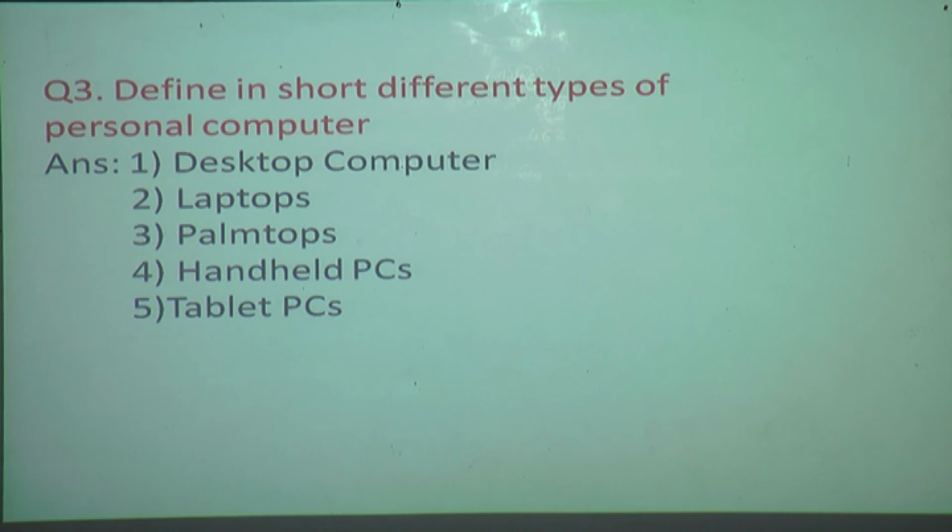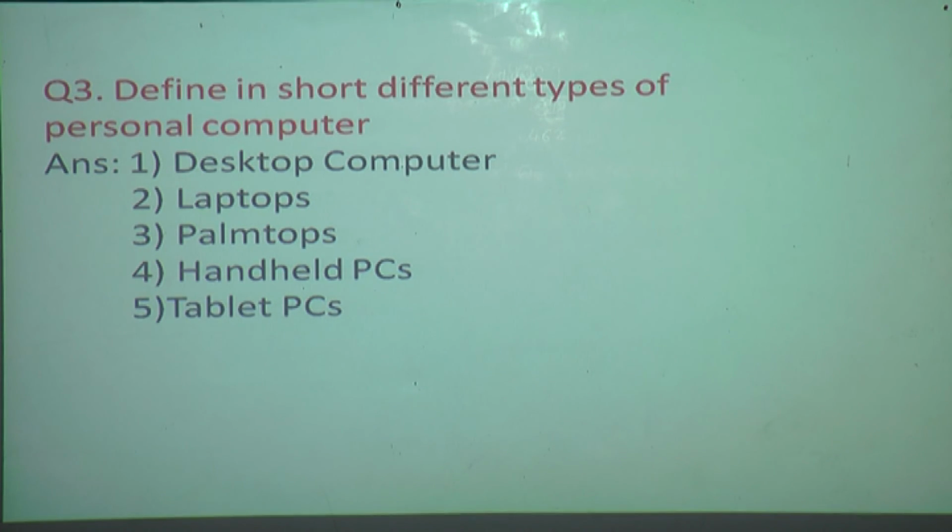Next one is laptop. Laptop is like a notebook, and it is small as compared to a desktop computer. Next is palmtop. Palmtop is also known as a personal digital assistant, and these computers are called palmtops as they fit into our palm.